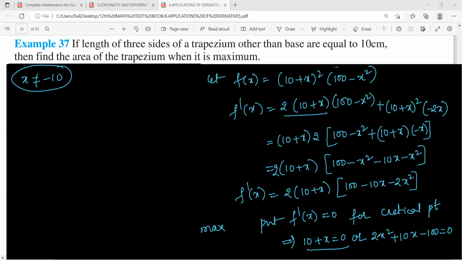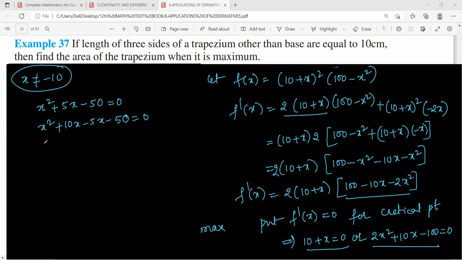That means the second part has to be 0. x squared plus 5x minus 50 is 0. So that's going to be (x plus 10) into (x minus 5). So x equal to 5 is your answer, because x can't be minus 10.